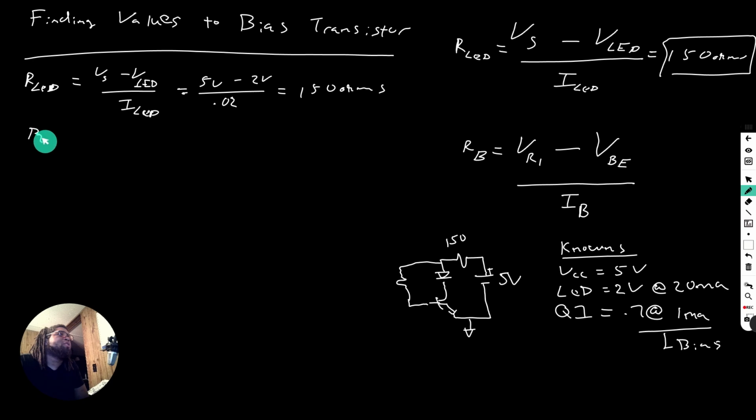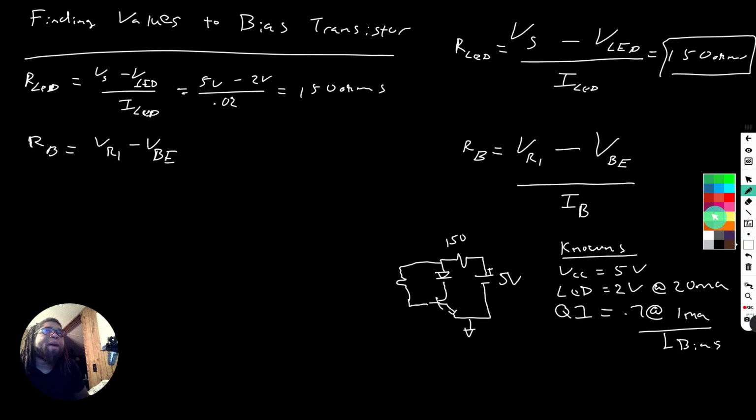for our bias resistor? For our bias resistor, we're going to use the value of the voltage after R1 minus VBE, which is the voltage at the base emitter junction, which is our voltage of interest here.